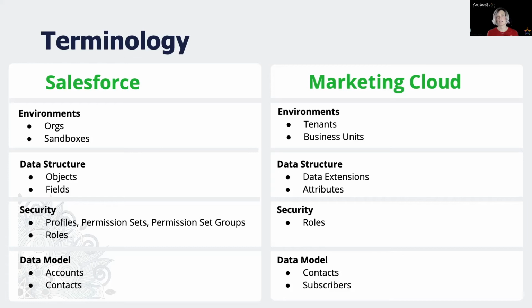Within Marketing Cloud, we don't really have so much of a concept of accounts, because in many cases Marketing Cloud is used in a B2C environment where mapping organizations is not as required.